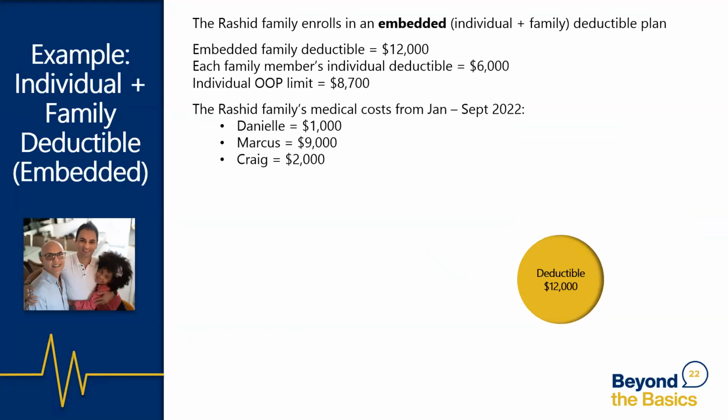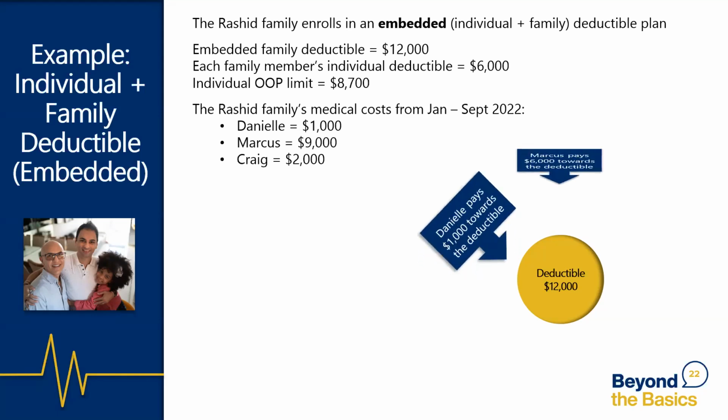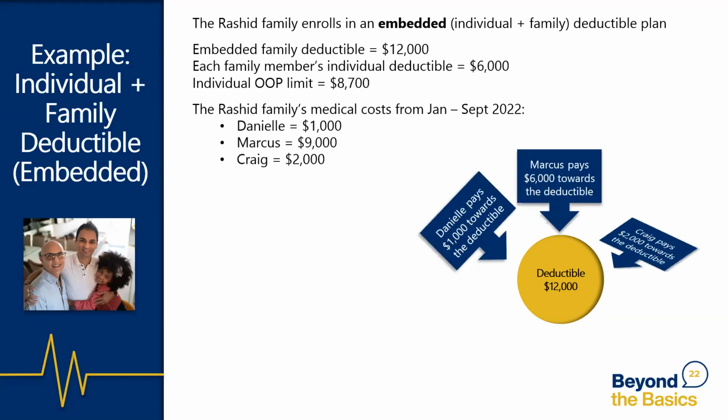But what if the Rashid family decided to enroll in a plan with an embedded individual plus family deductible instead? In this plan, the family deductible is also $12,000, but each individual family member's deductible is $6,000. How this would work is that the Rashid family would pay $6,000 out of pocket for Marcus's healthcare services.